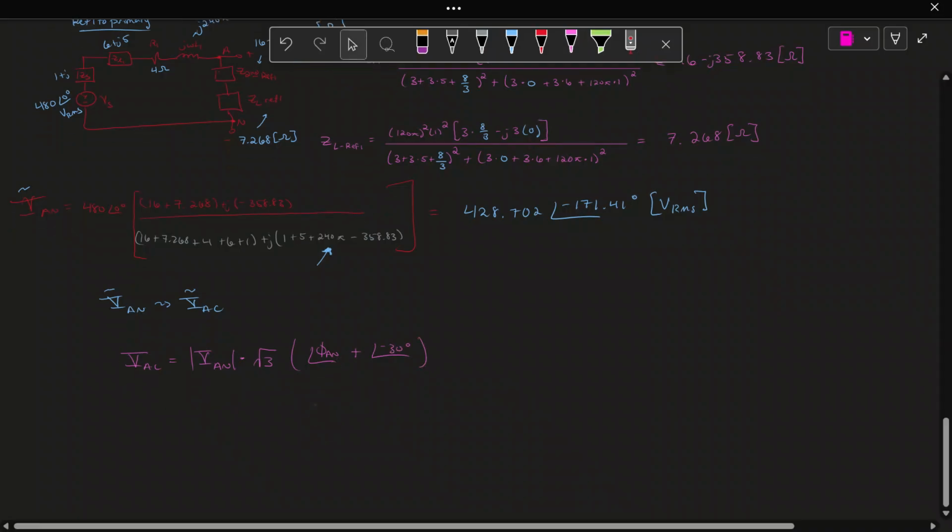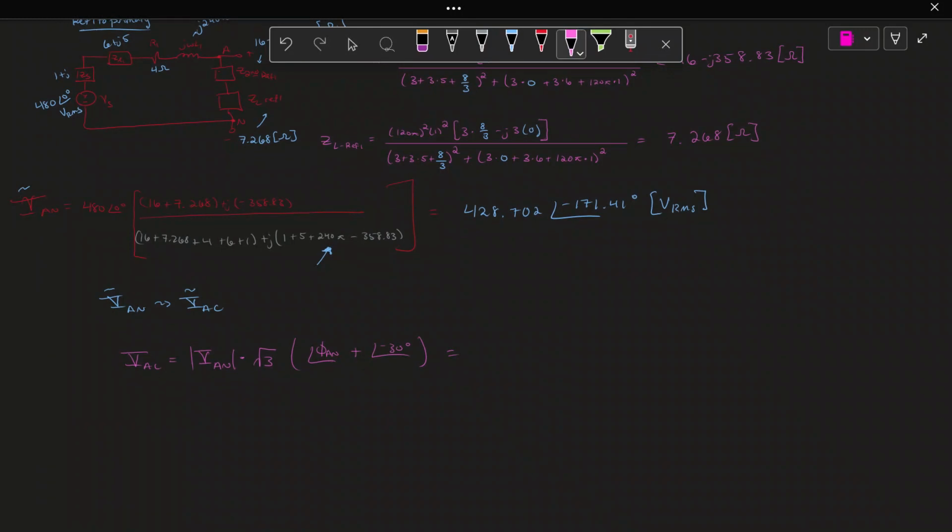So we do this. And now what we get is, if we can put this into the calculator real quick, 702 times root 3, we get 742.534 volts, but we need the phase angle, and the phase angle is negative 171.41 minus 30, so that is a negative 201.41 angle.